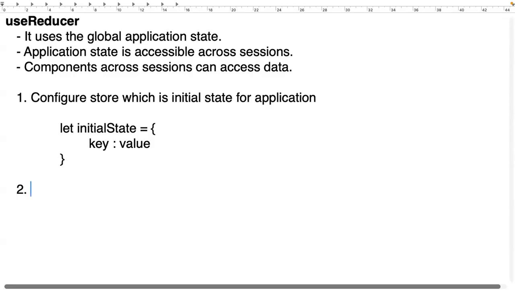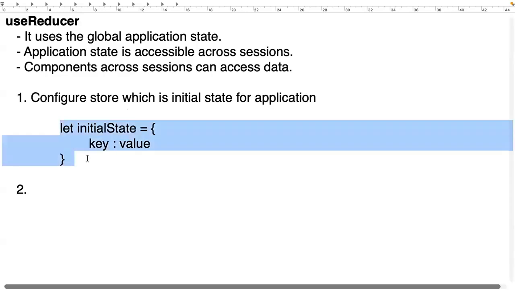The keys and values that you mention in the initial state become global. That means they are considered global, and this data can be accessed by everyone, right? Now I will explain a flow. Who is going to update this data, and from where? That means we have 2 points.